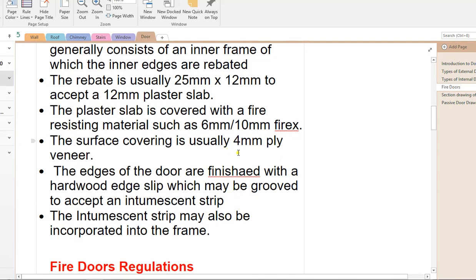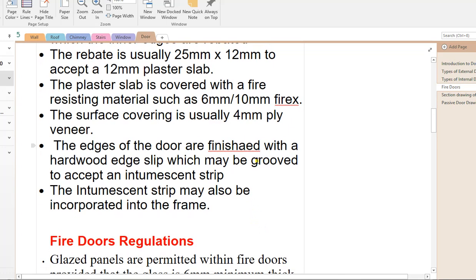This material is then covered with ply. So when you look at fire doors, you're basically seeing a plywood or veneered finish on the outer edge of the door. Then along the edge of the door you have a hardwood strip.